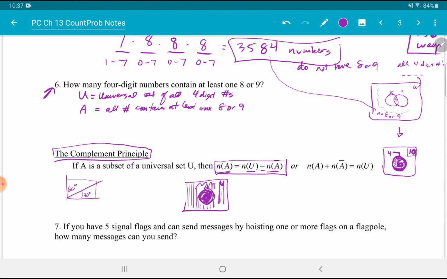Okay, so if that's the case, here's our Venn diagram, and here's the universal set, and here's A, like all numbers that have 8 or 9 basically.